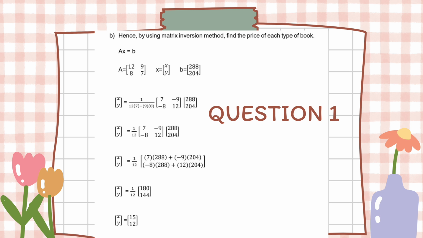From this solution, we get 1 over 12 times [180, 144]. For the final answer, 1 over 12 multiplied with 180 we get 15, and 1 over 12 multiplied with 144 we get 12. The answer for x is 15 and y is 12.